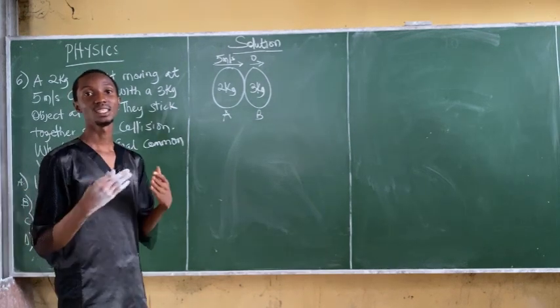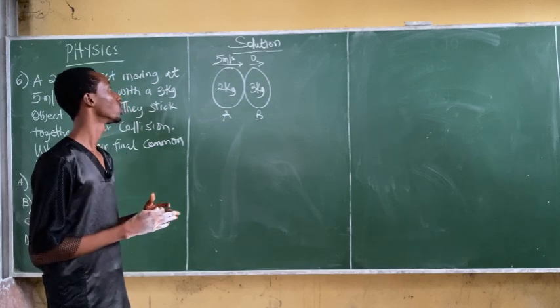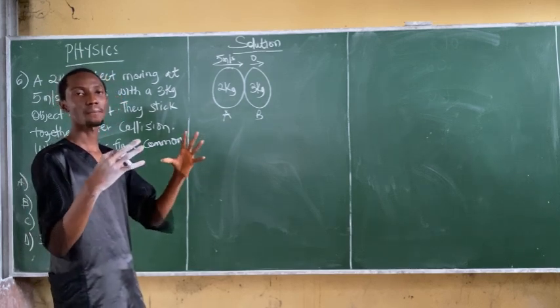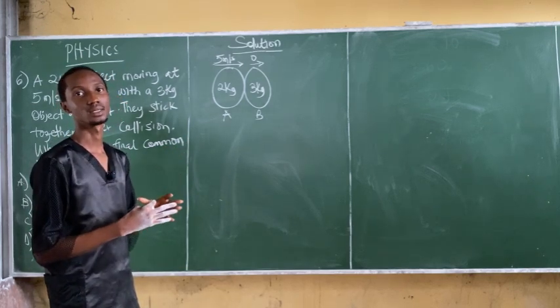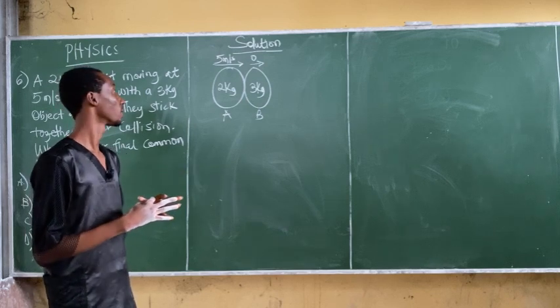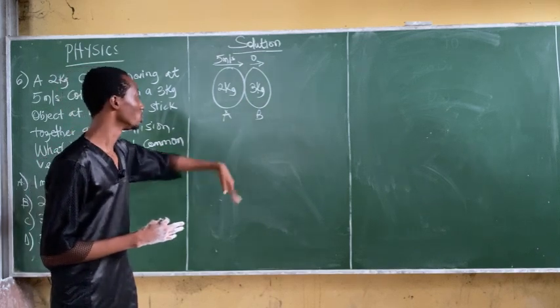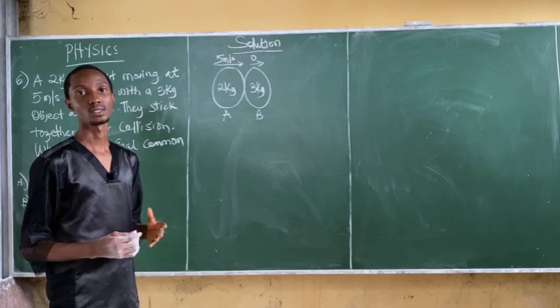In a perfectly inelastic collision, two objects stick perfectly together when they collide. We use the formula for conservation of momentum to solve it.